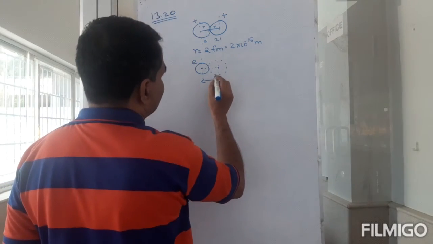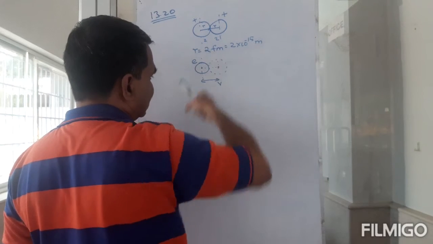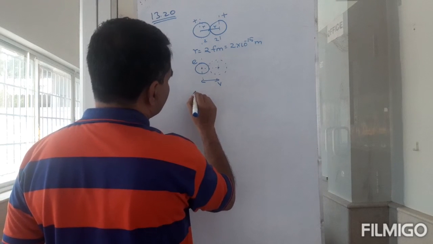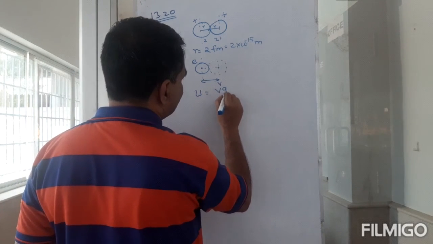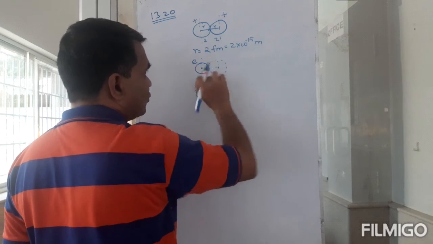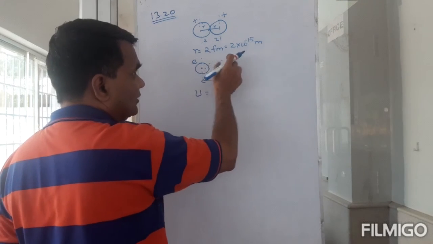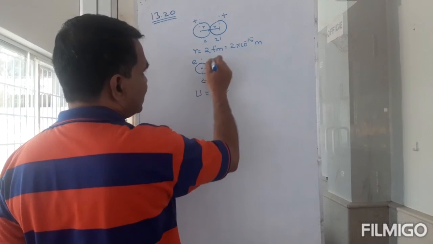All the kinetic energy you give would become potential energy here. So the potential energy U is equal to V into Q. That's the minimum you should give. Anything more, it will come and hit it.